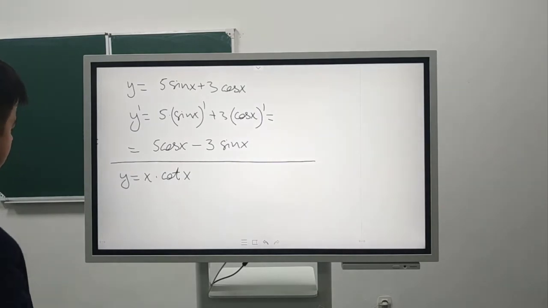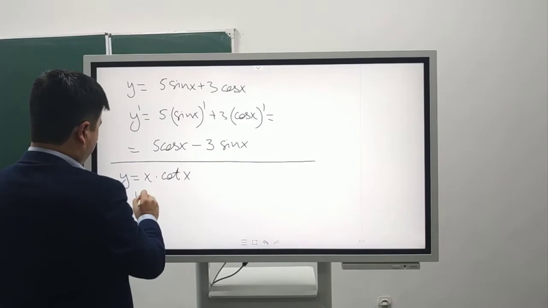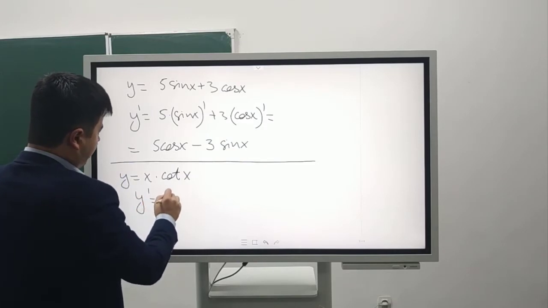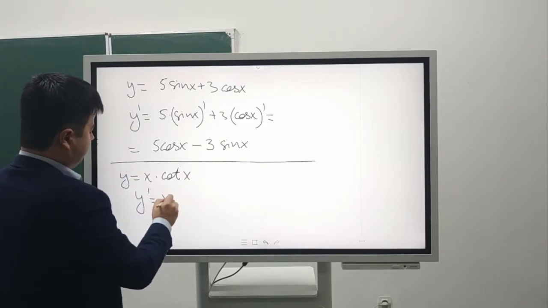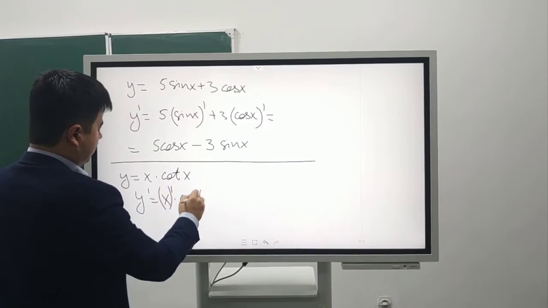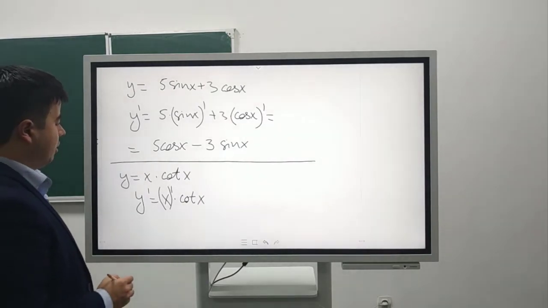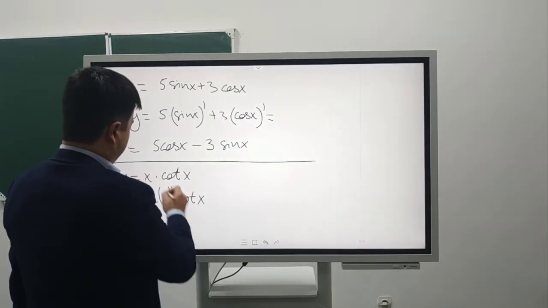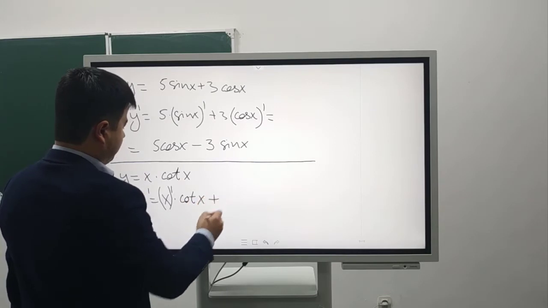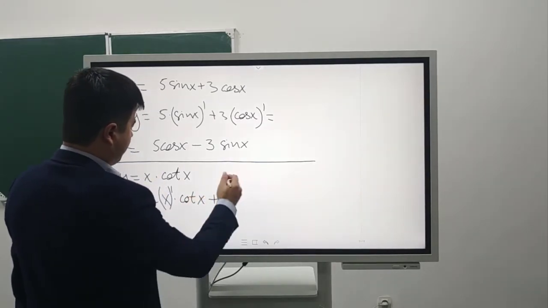Let's use this rule, and we get here y prime, it is the derivative of the first function times the second function, cotangent x here, and then plus the first function times the derivative of the second function.